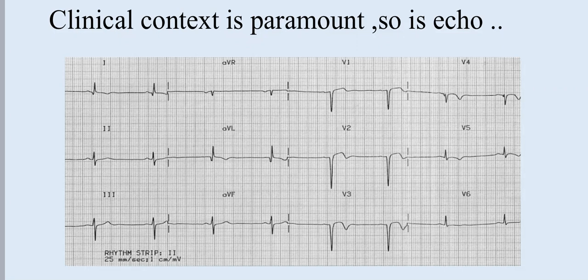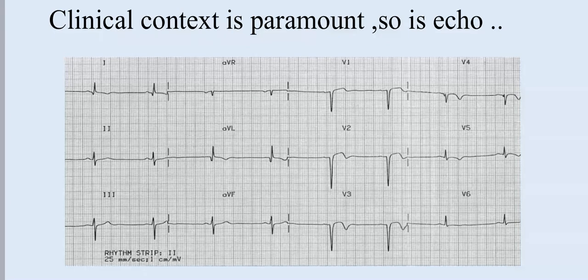So in this case, if I just throw this ECG to you, you get stuck, you don't know what to do. But if I have a patient like this, and I know the patient's history had ischemic heart disease, he went for PCI and stuff like that, I might consider what here? Aneurysm. Thank you so much.